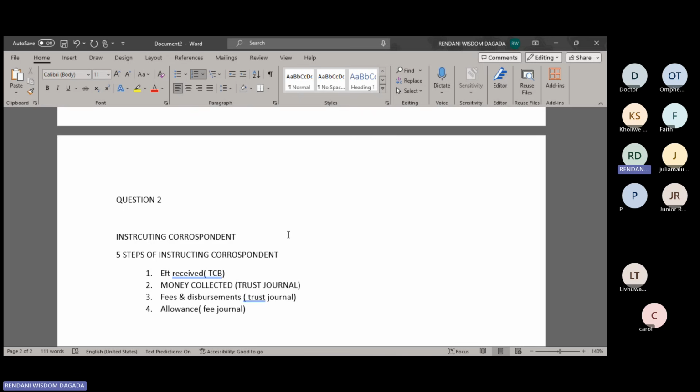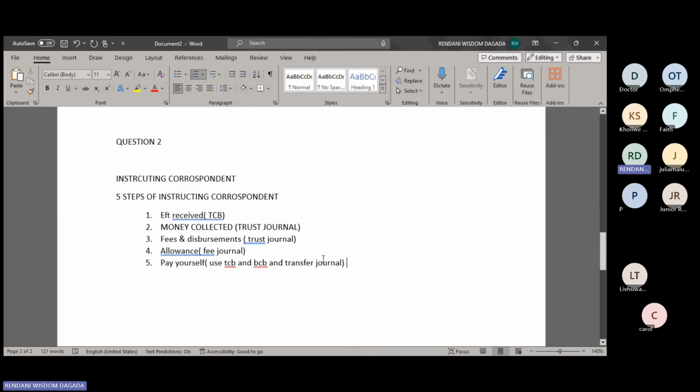And then step number 5, you are going to pay yourself as a lawyer. Paying yourself as a lawyer, use TCB and BCB and transfer journal. You always use 3 things when you pay yourself. So that is what they wanted you to do under question 2.